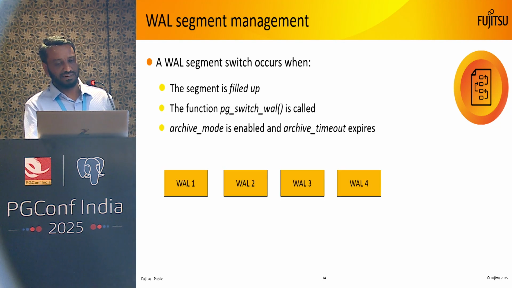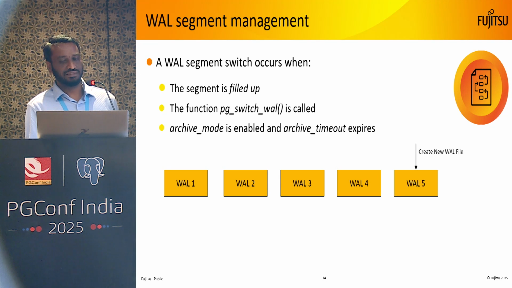Let's say I was in WAL 4 and WAL 4 finished, then I will create the new WAL file 5. And based on the conditions I told now, for recovery and replication, let's say WAL 1 is not required, then I will remove this WAL 1.